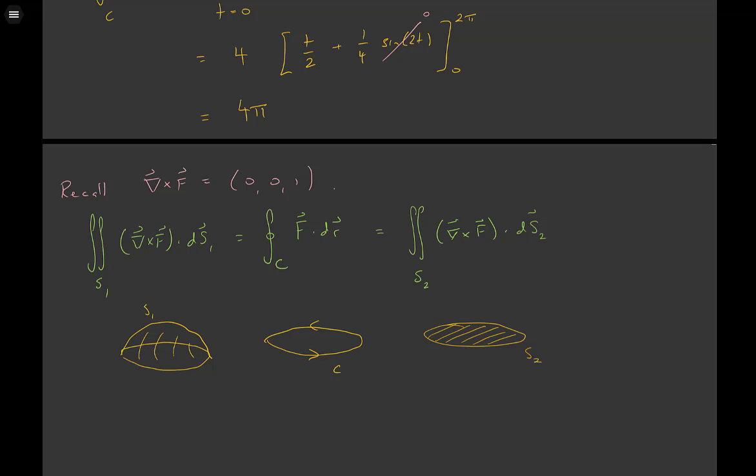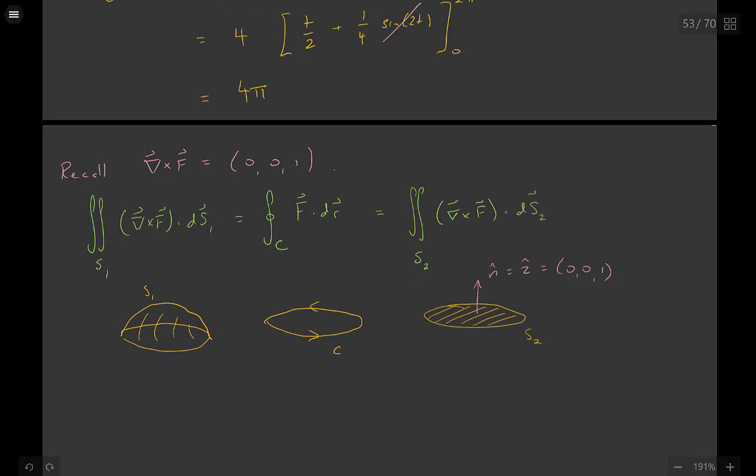And what's nice about doing this is that this disk of radius 2 has a really simple normal. The normal to this is just the z hat vector, which is equal to 0, 0, 1. And I've already got grad cross f is equal to 0, 0, 1.